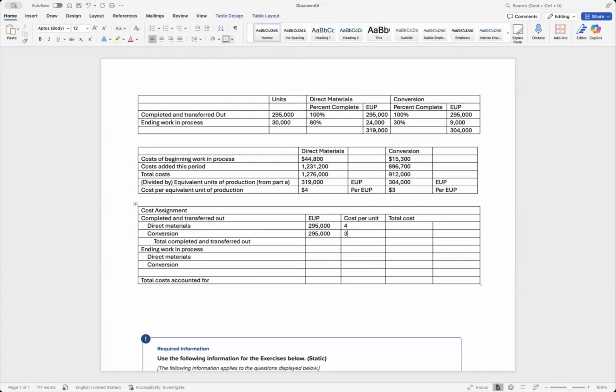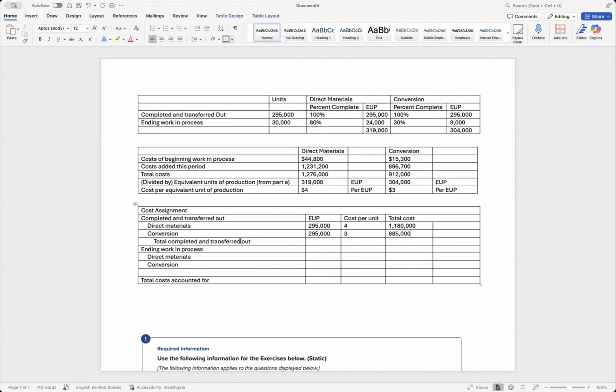So then I multiply my 295 times 4, and that gives me 1,180,000. Then I multiply my 295 by 3, and that gives me 885,000.